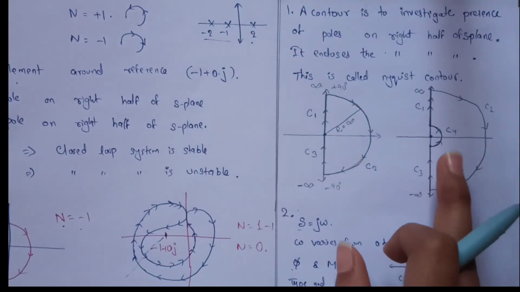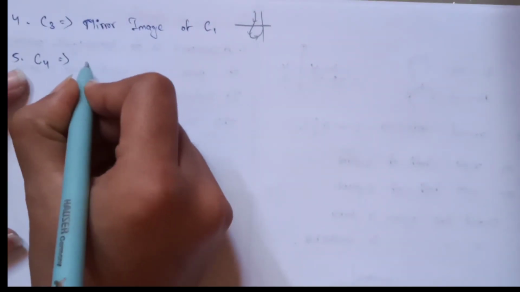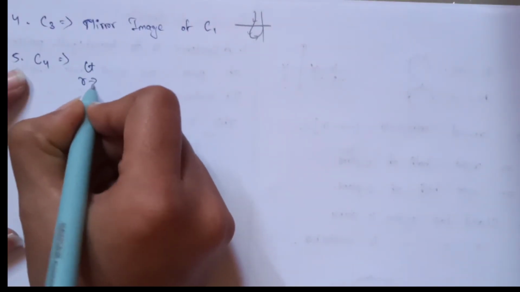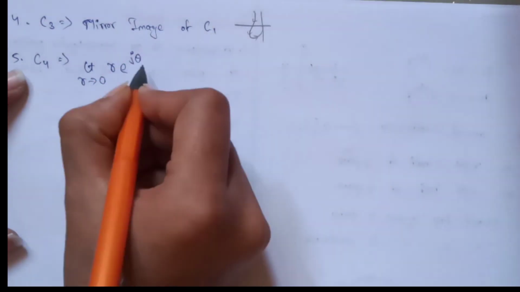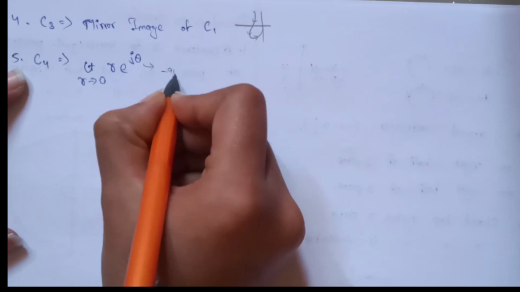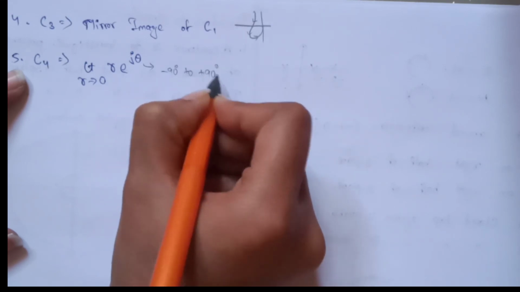In this case, when we got a pole equal to 0, for this C4 we are going to calculate. We have to put limit small r tends to 0, small r times e to the power j theta, and here the theta varies from minus 90 to plus 90, and we will calculate the phase and magnitude, and we will draw whatever diagram comes out of the magnitude and phase.